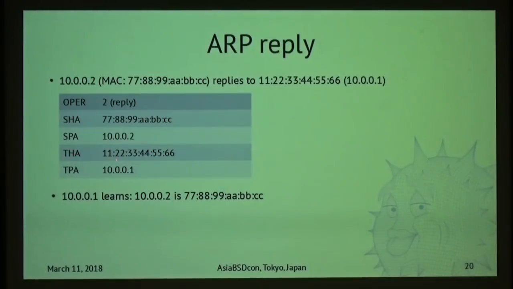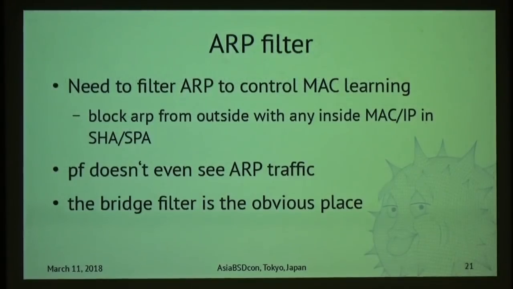The target hardware address is the one of the requesting system. And the target protocol address is the IP address of the requesting system as well. Actually, the standard says THA and TPA are copied from SHA and SPA of the request. Directions make things slightly more complicated, but this is the basic operation.